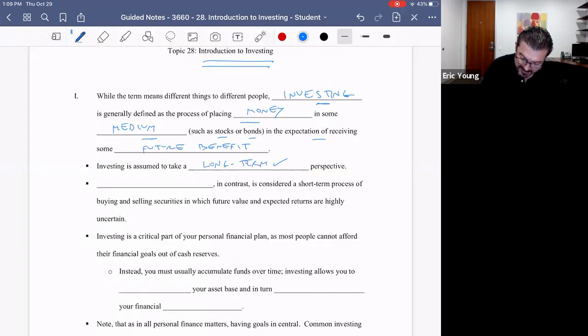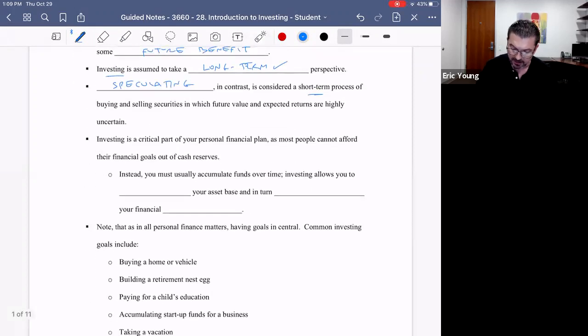Now, while investing is assumed to take a long-term perspective, speculating, in contrast, is not investing. You can consider speculating to be a very short-term process of buying and selling securities, but critically, when it comes to speculating, any kind of future value and expected returns are highly uncertain. Now, people would say that there's no certain returns in investing, and that is true.